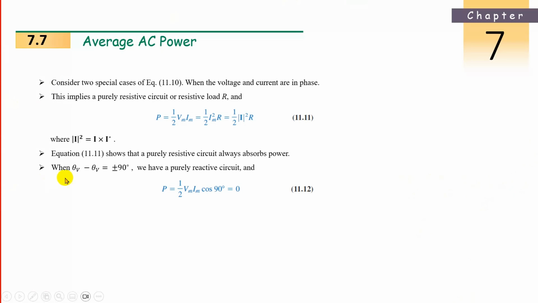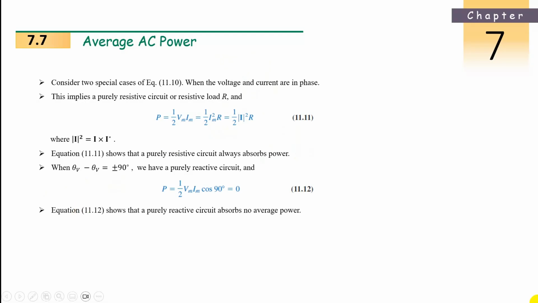So is there any power loss? No. The only power loss is in resistance, which absorbs the power and may dissipate heat, depending on the material. That's why the average power P for a pure inductive, pure capacitive, or pure reactive circuit is 0.